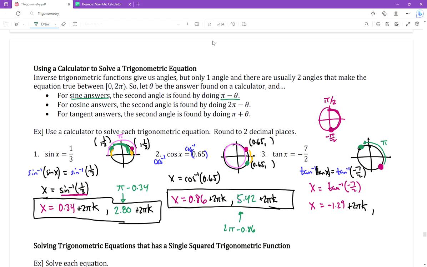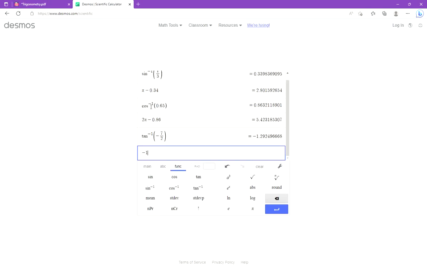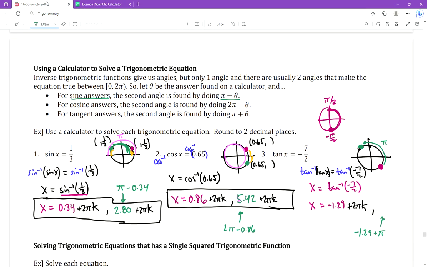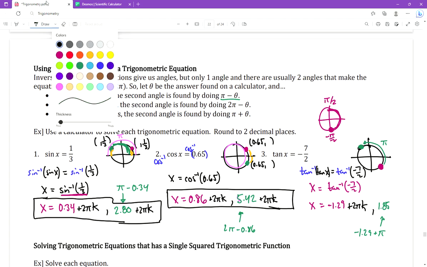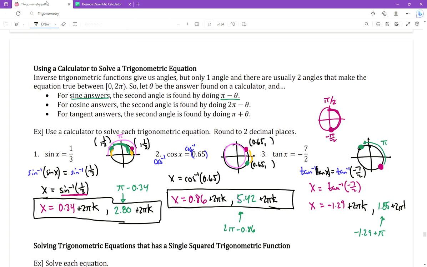So negative 1.29 plus pi would give me that second answer. When we type it in, plus pi gives us 1.85. And then still plus 2 pi k for all solutions. Okay, there we go. That's how we can deal with it with a calculator when we need all solutions.